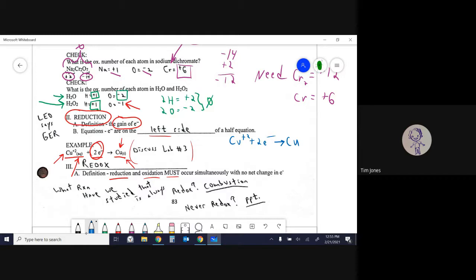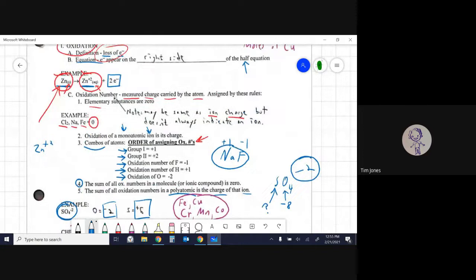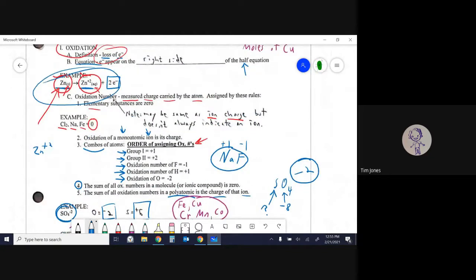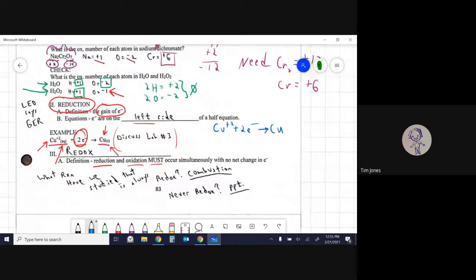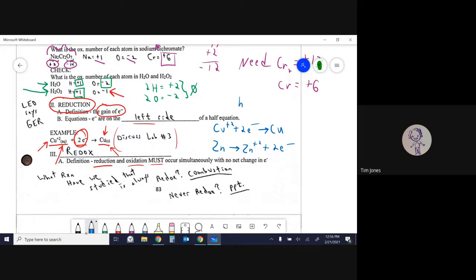And if I grab the half from the very beginning of the notes, way up here with the zinc, I could say that zinc is losing 2. And this would make a very satisfying pair. And each of these is called a half equation because it's half of the complete picture.